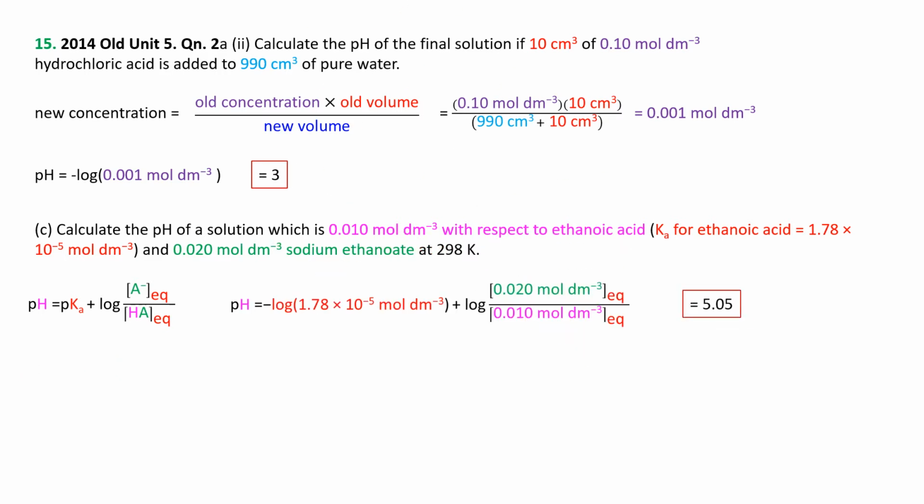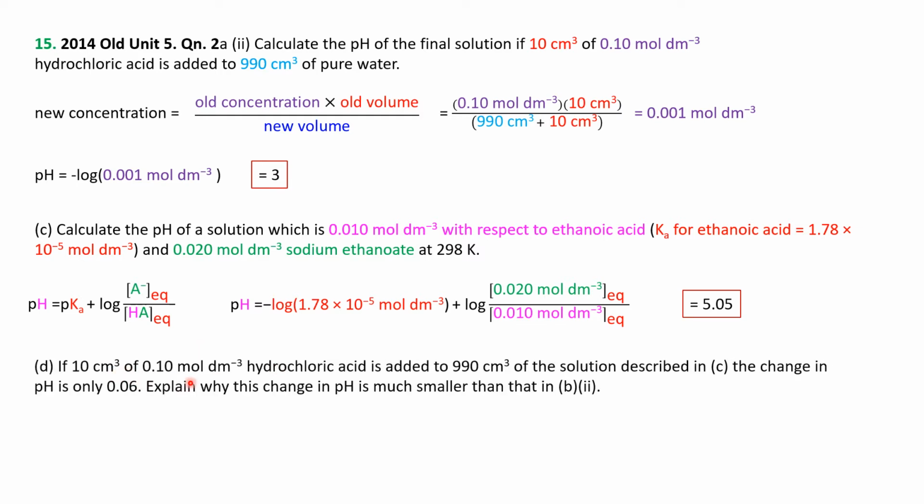Throw in everything we know and we get 5.05. I really don't like using the Henderson-Hasselbalch equation, but in this case it's adequate because we can look at this Ka value and know that it's pretty small. If Ka is not very small, then this becomes a much nastier type of question that the A-level use of the Henderson-Hasselbalch equation does not address.